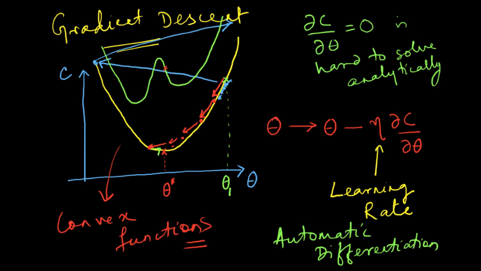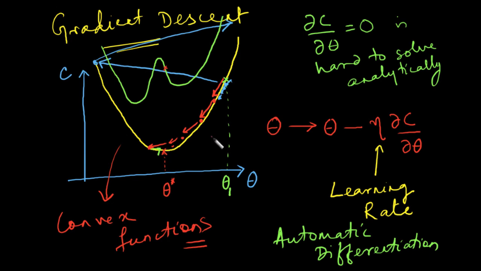So now one more thing that you must notice is that as we move closer to our θ*, even if you keep this η constant, your ∂C/∂θ decreases, and so your step size keeps on slowly decreasing till you reach θ*. So unless your η is very high, your convergence in this gradient descent method is going to be fairly good, because ∂C/∂θ itself decreases in magnitude as you reach θ*.